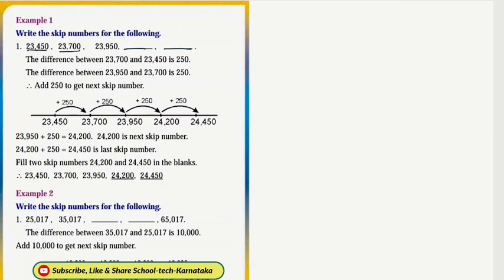Now, how do we find the difference between the first 2 numbers? We subtract this number and this number, that is 23,700 minus 23,450. If we subtract 0 and 0, we have 0, 0 minus 5. Since here it is 0, I carry 1 from here. So I subtract 1 here.